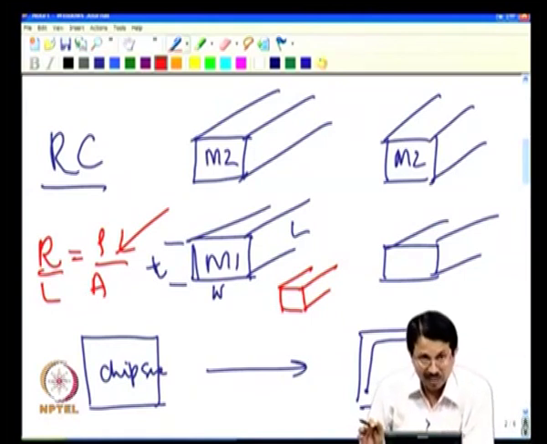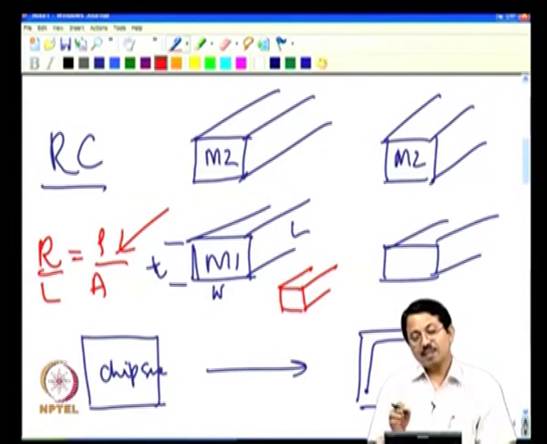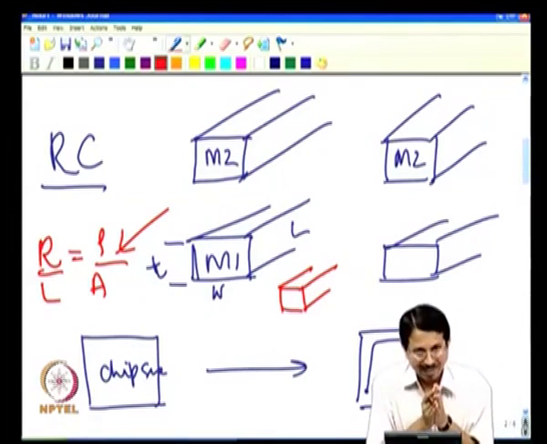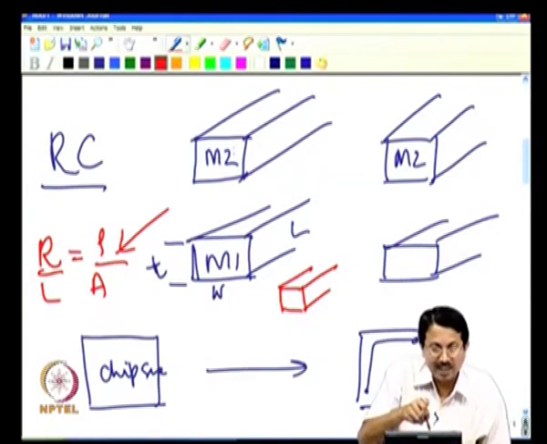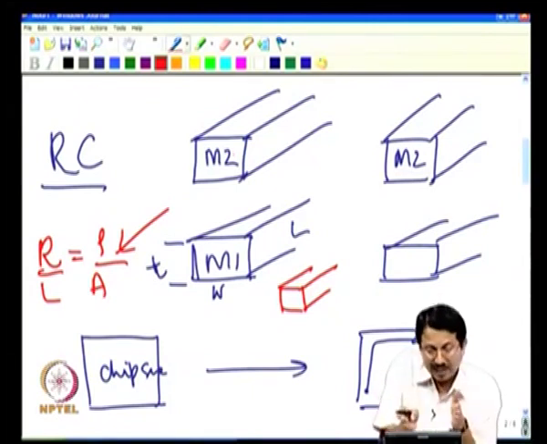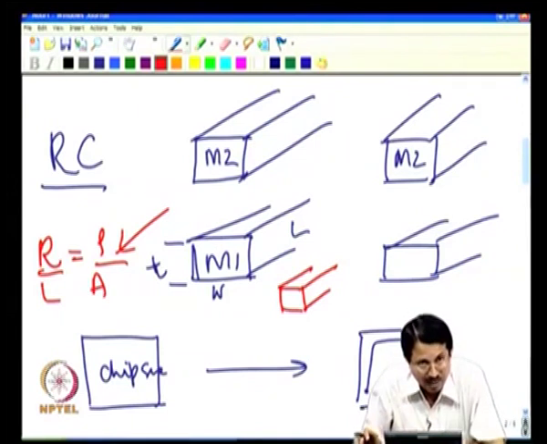There is even more serious problem, and what is that serious problem? You would have thought that at least because I am making the interconnect smaller, the capacitance should go down, okay, because capacitance should be due to, let us say, this metal line and another metal line, there is a coupling capacitance and the area for that coupling is determined by this width that is coming down, and hence it should go down.